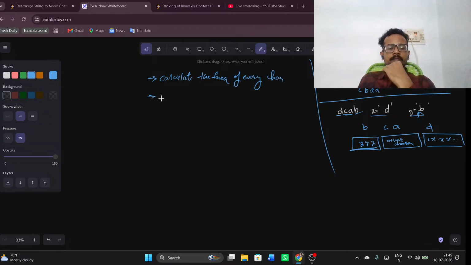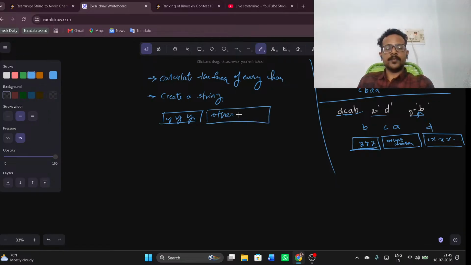Then create a string in this format: all Y's first, and then other characters, and then X. Right? So that's how I solved it.